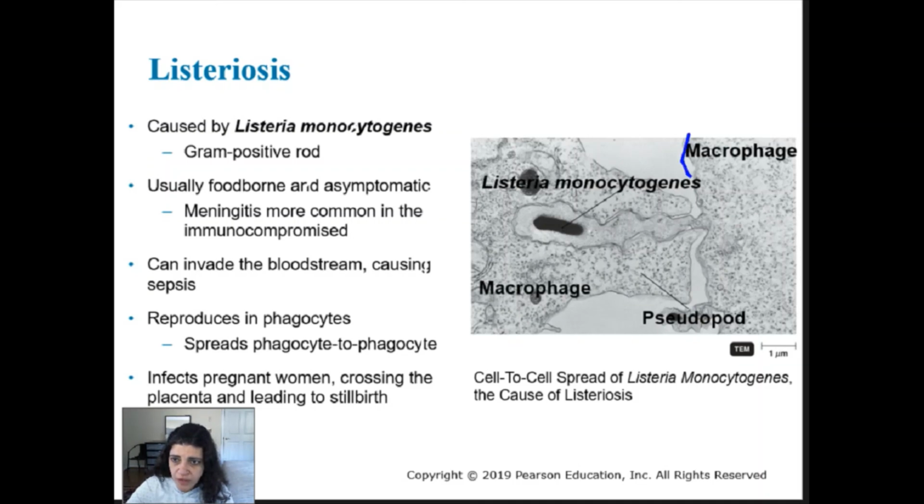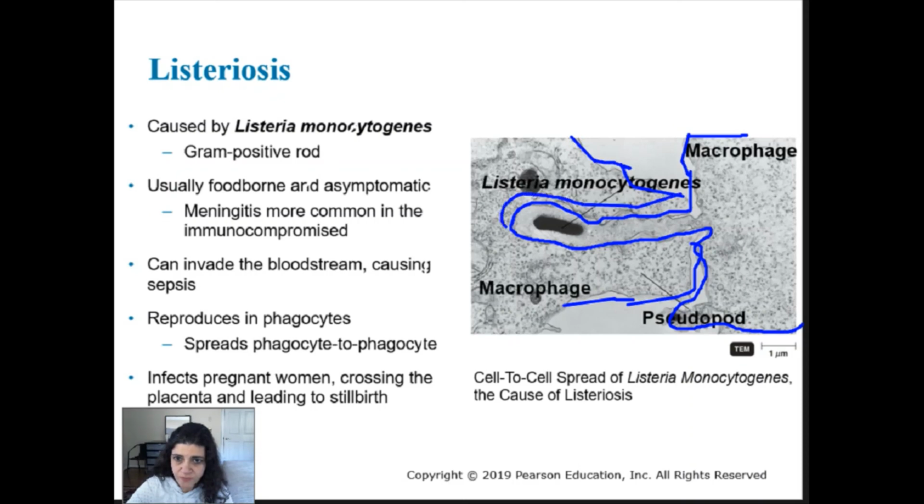So you see, let's see if I can draw here. This is one macrophage that is emitting a pseudopod. See, that's one, right? And that pseudopod has a bacterium here in the middle. And then this other macrophage is also trying to phagocytose, that's the other macrophage here, right?